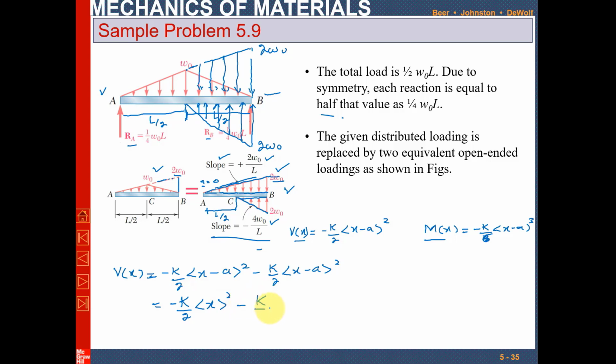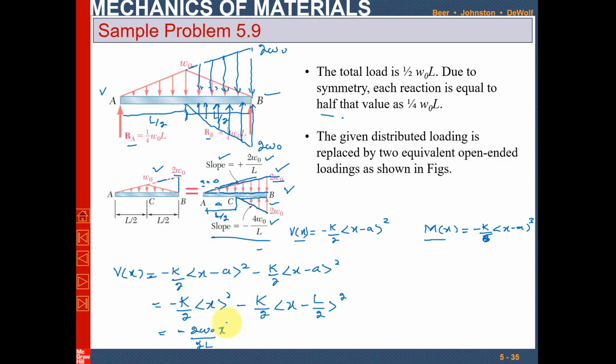In this scenario, A will be equal to L by 2 for this loading, so that will be x minus L by 2 whole square. Again, this K1 is equal to 2W naught over L, so that will be equal to minus 2W naught divided by 2L into x square.